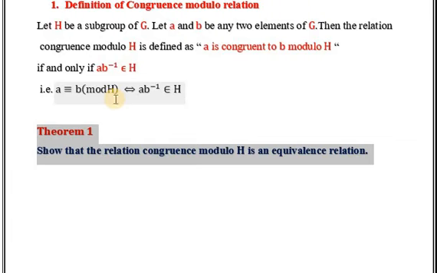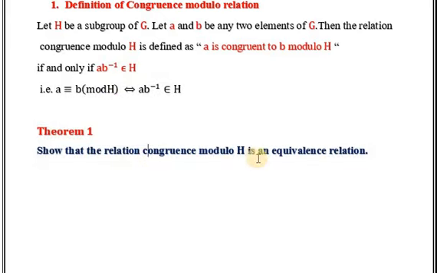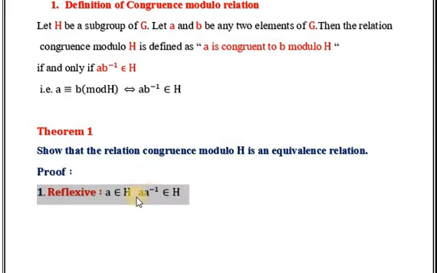Let us prove some theorems based on the congruence modulo relation. First theorem: show that the relation congruence modulo H is an equivalence relation. To show that this is an equivalence relation, we'll have to prove three properties. The reflexive property.